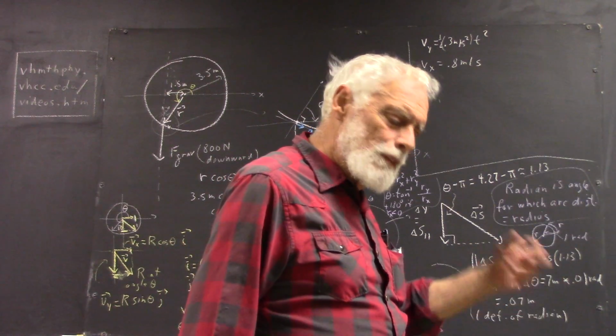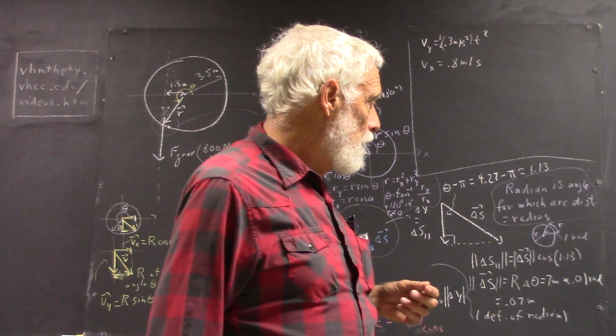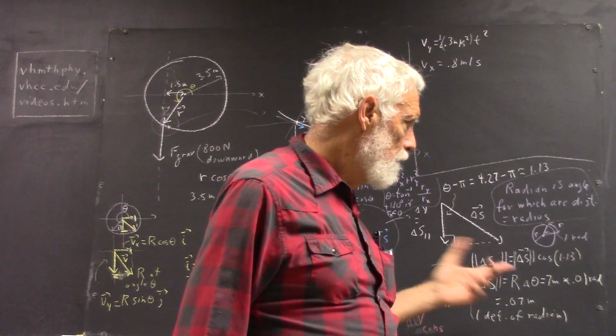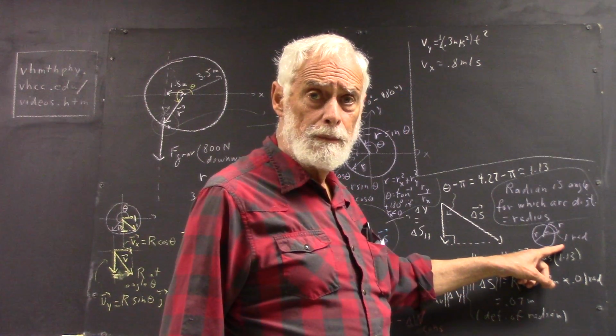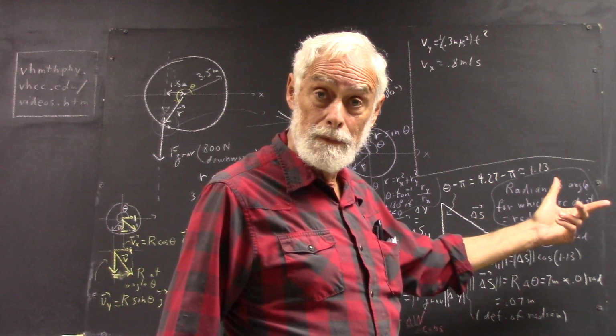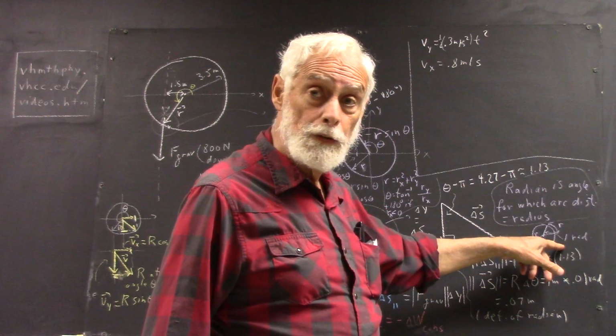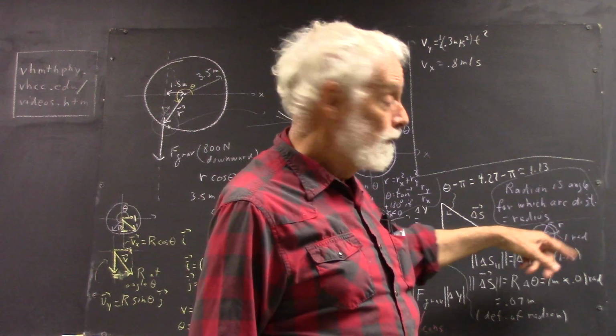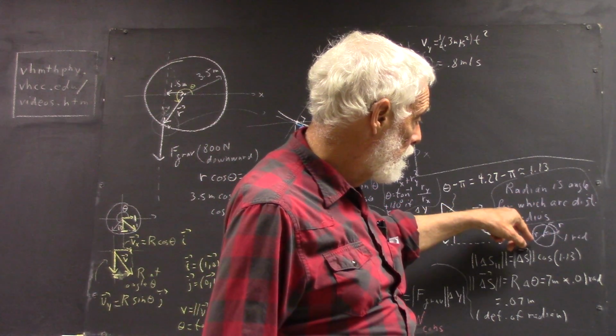Well, what follows from this? Well, what if your angle was half a radian? Well, then the arc out here would be half of r, right? What if the angle's 3.7 radians? Then you would go 3.7 times r.